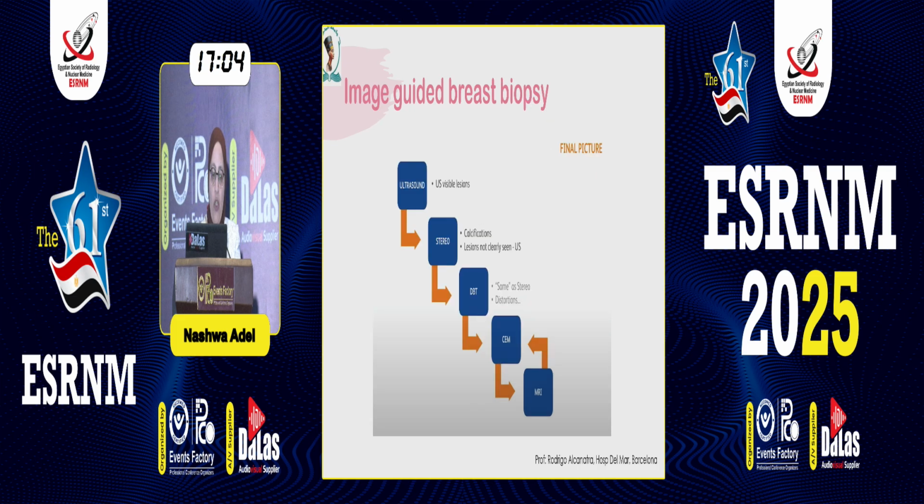So the final picture for image-guided breast biopsy is ultrasound for the ultrasound-visible lesion, stereotactic biopsy for calcification or lesions not clearly seen by ultrasound, DBT, which is the same as stereotactic, moreover for distortion, and functional imaging with contrast-enhanced mammography and MRI for the only enhancing lesion.